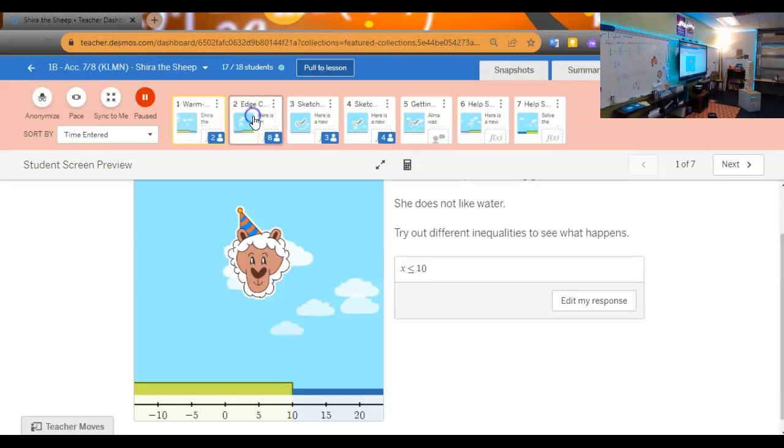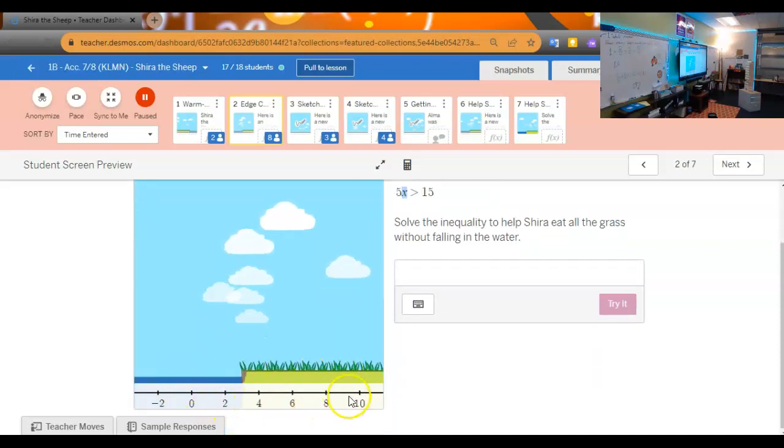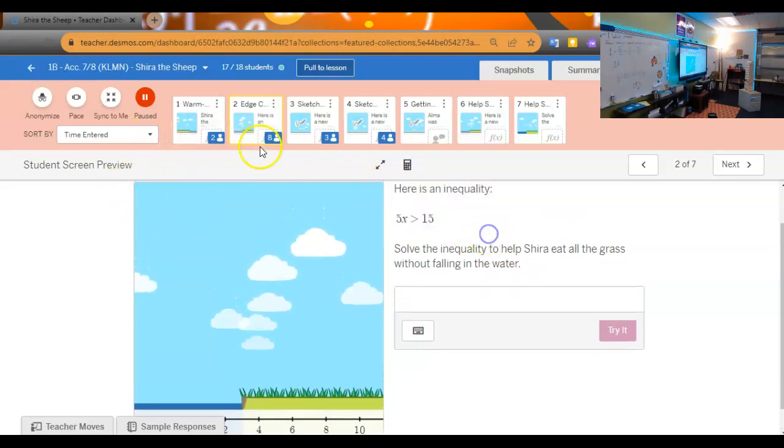So then we move on to slide 2. And we have 5 times x has to be greater than 15. So, yeah, somebody brought up, well, x could be 100. But I don't think Shira can graze at 100. So once most of us move on from this slide, we'll come back together and say, what did we do here? And we'll make sure that's written down.